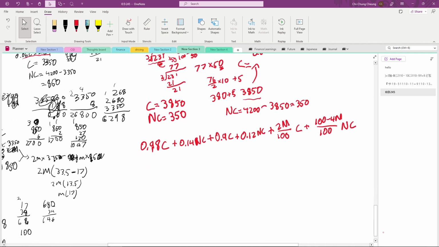So it's 0.98 plus 0.9 plus 2m over 100, which, let's see. I'll convert everything to fractions later.